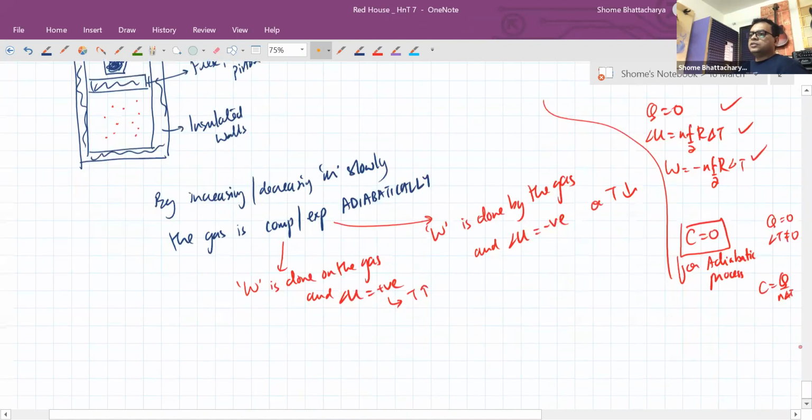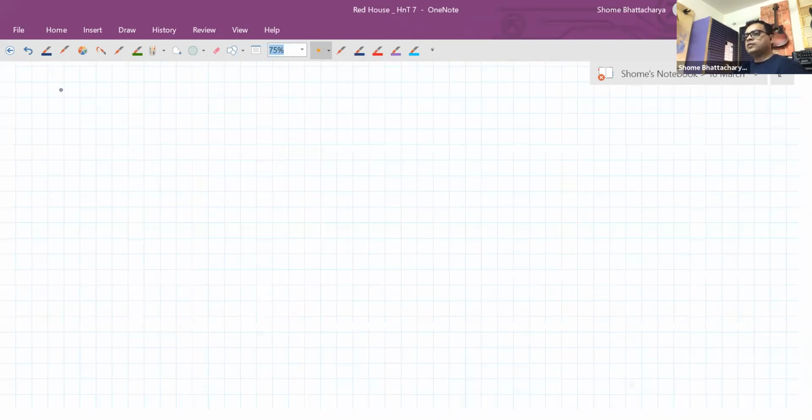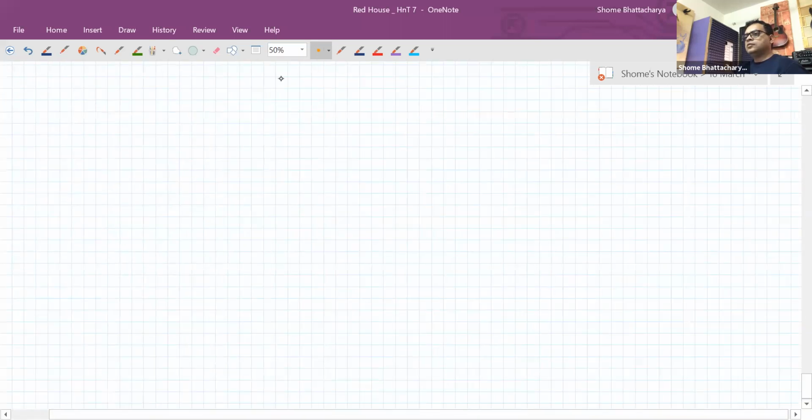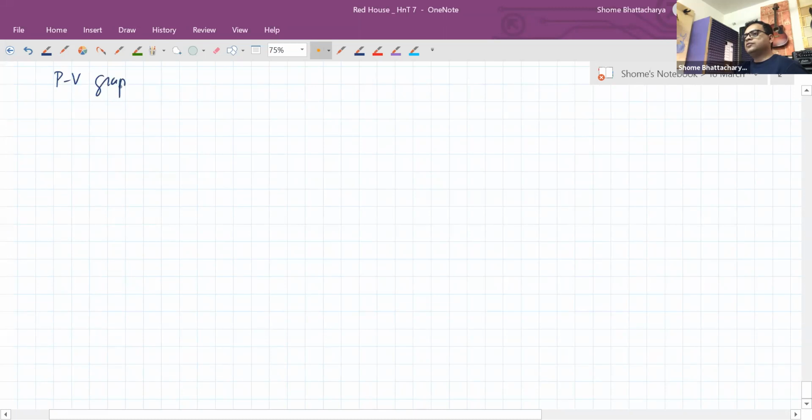Okay, now it comes to the relation between pressure and volume. So the PV graph for an adiabatic process is called an adiabat or adiabatic curve.